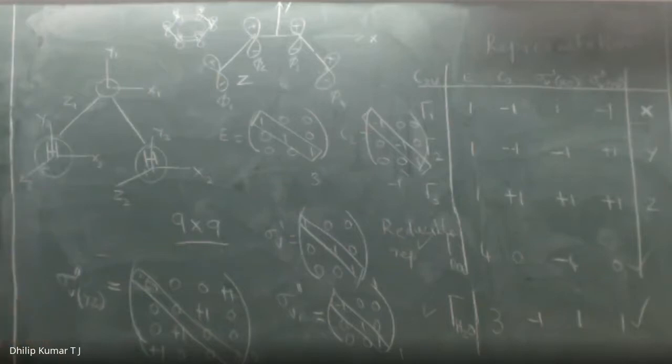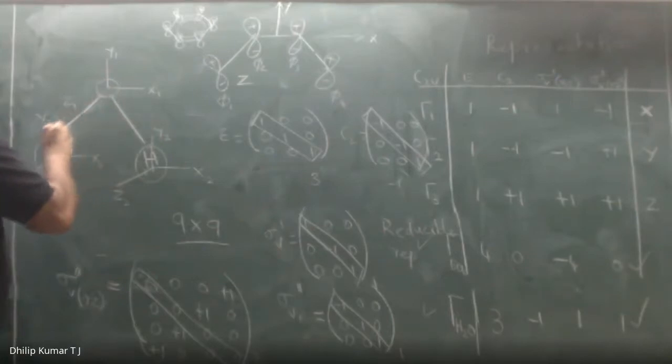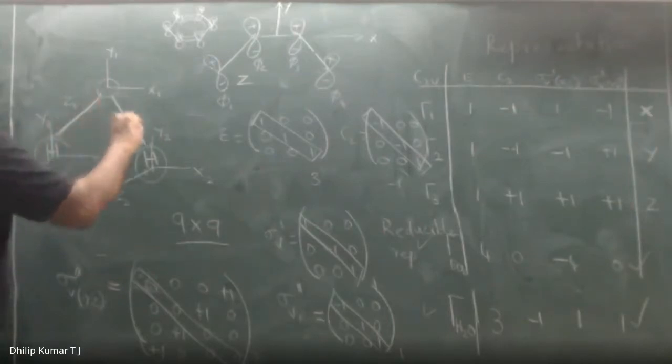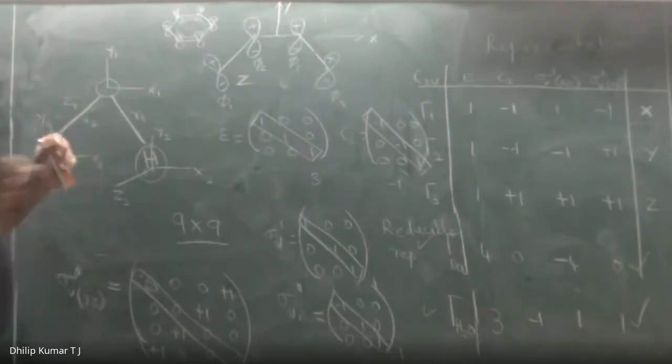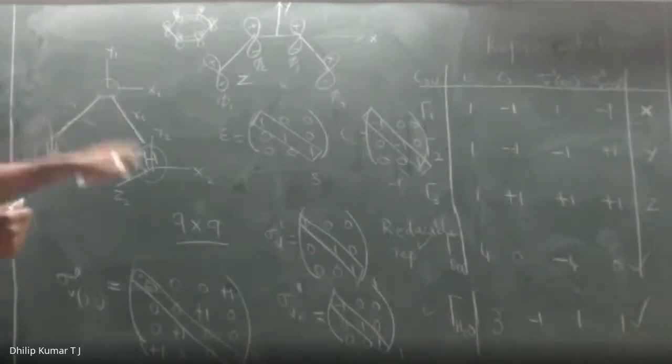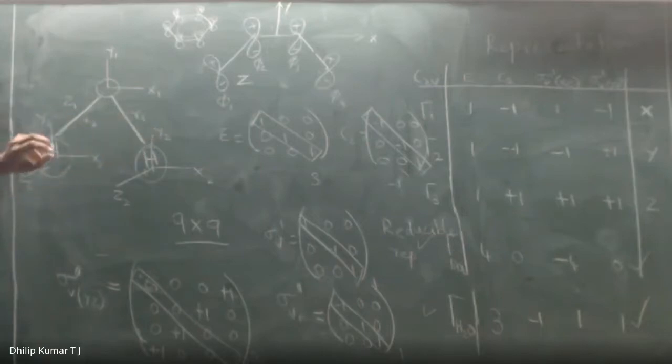Say I just want to consider these 2 bonds. I want to know only about the symmetry of vibration of these 2 bonds. I call them R1 and R2. If I consider only these two bonds as a basis, then you will get a 2 by 2 representation.